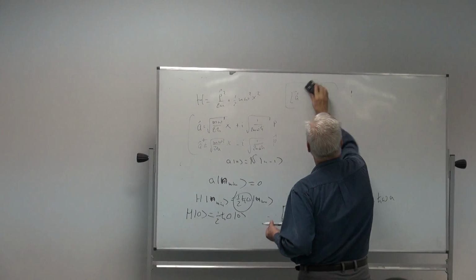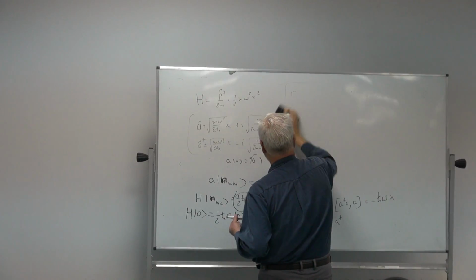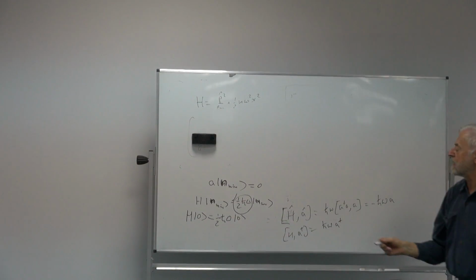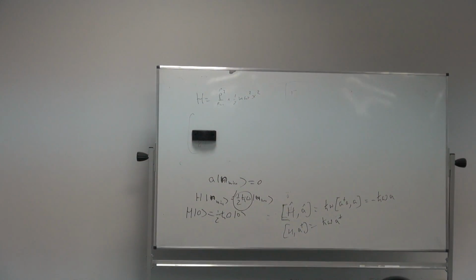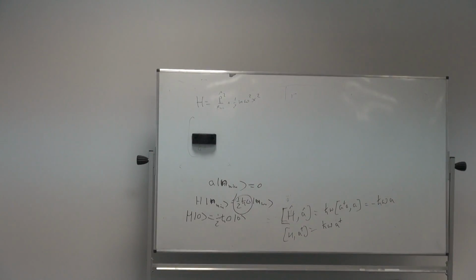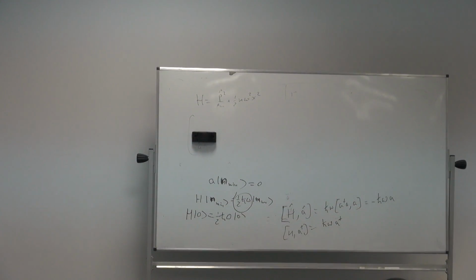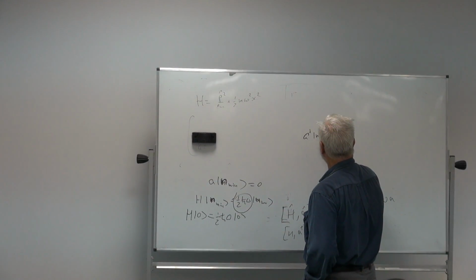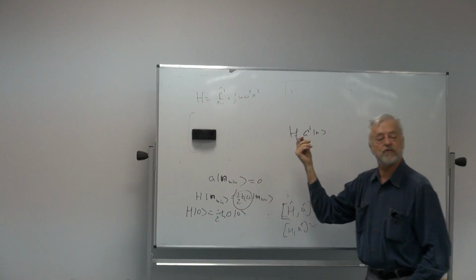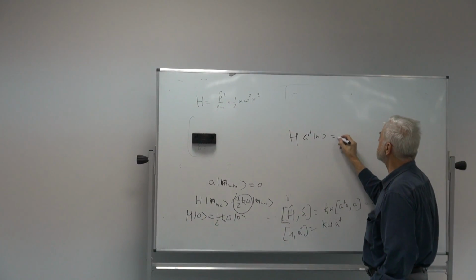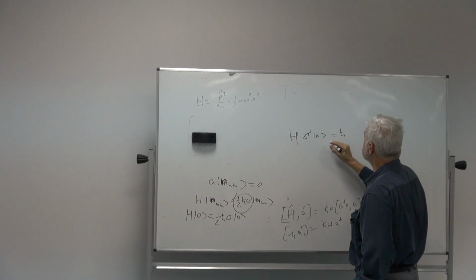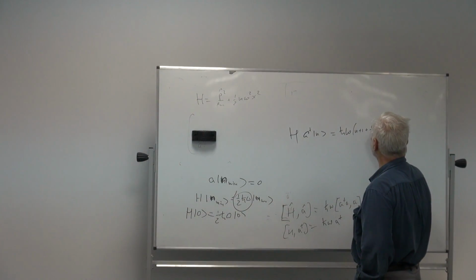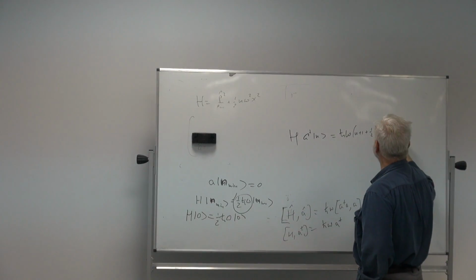Now, very much like A shifts our energy one step down, A dagger, if I act with H and again use the commutator, shifts the energy one step up: n plus 1 plus 1/2, A dagger.